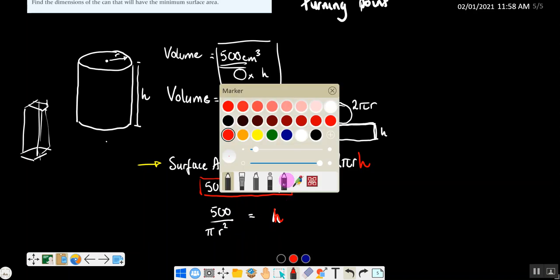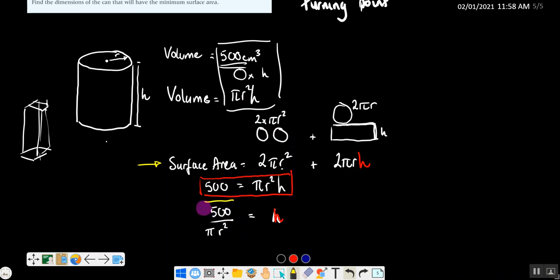So I'm going to take this and replace the h with it. Because h equals that, I can replace any h with all of this. That makes sense?